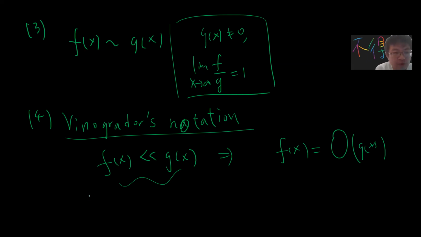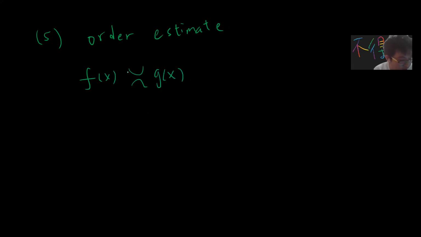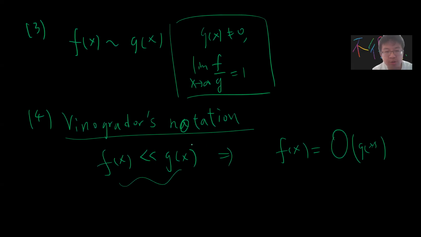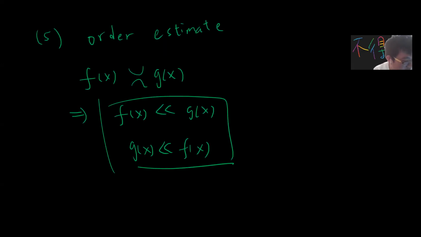The fifth notation is called the order estimate. Usually people write it like this. This means that f of x is less than or equal to g of x, which is less than or equal to f of x, up to constants, so both are of the same order.